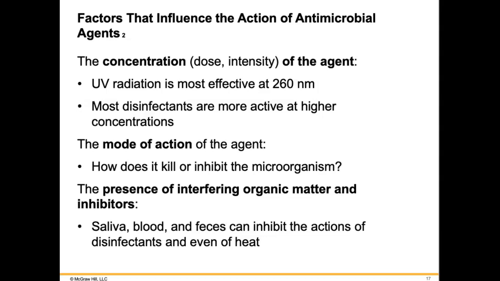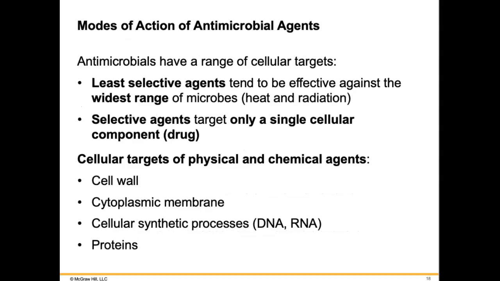To clarify that, just like disinfectants have a certain way of getting done what we need to get done, heat can be affected by things like saliva, blood, and feces, and how effectively heat can actually do its job.